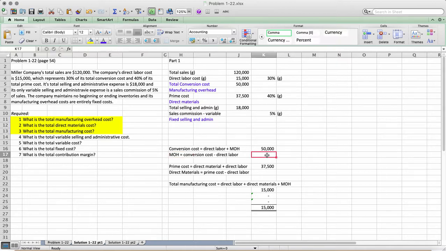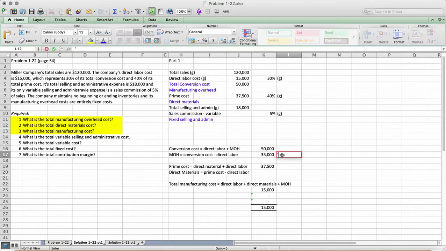So we have direct labor, which if you remember is the 15,000. To calculate the manufacturing overhead, we'd start with our 50 and then subtract. So now we know that our manufacturing overhead is 35,000.